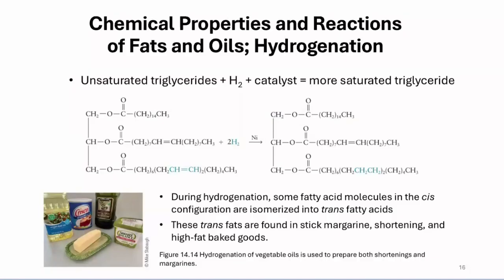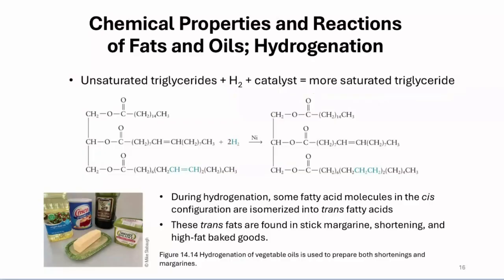In this instance, hydrogenation is going to be acting only on the carbon-carbon double bonds in our molecules. So if you have an unsaturated triglyceride and you expose it to H2 and a catalyst, what you're going to be synthesizing is a more saturated triglyceride.